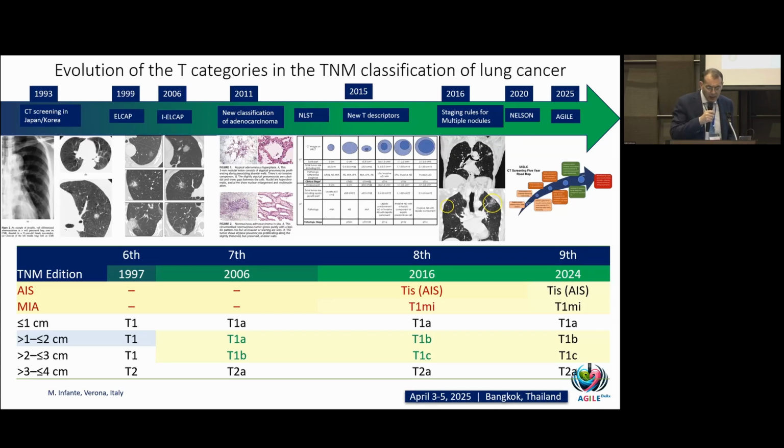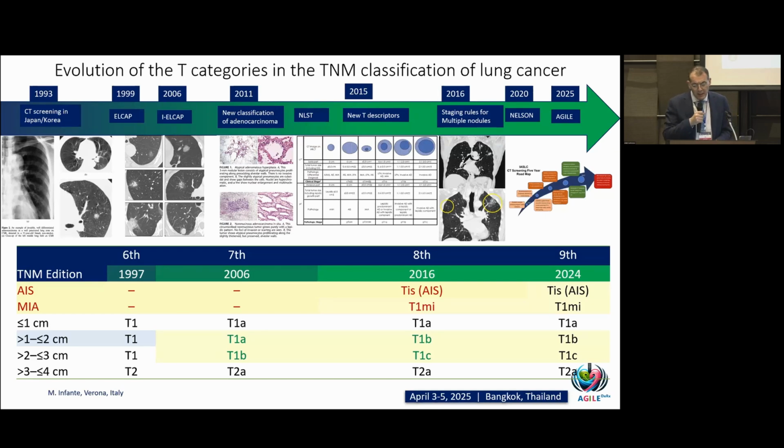And after that, the Noguchi classification of adenocarcinoma that showed that there is a spectrum of aggressiveness for these tumors, which is reflected by the radiographic appearance. In 2011, a new histologic classification dropped the denomination of BAC. It's no longer called like that.